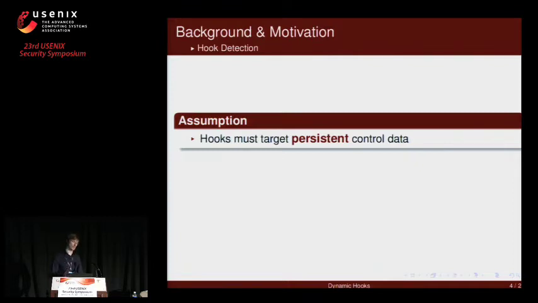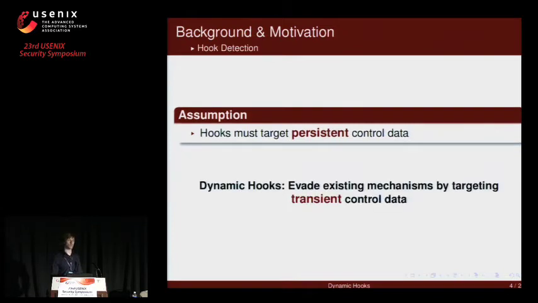But an attacker cannot use transient control data, which is only valid in the current scope of the function, such as a return address on the stack, to leverage hooking, because this transient control data would vanish as soon as the function returns. In the paper and in this presentation, we are going to show that this assumption is false, and that we can indeed use transient control data to create a reliable hooking mechanism and evade existing detection mechanisms.